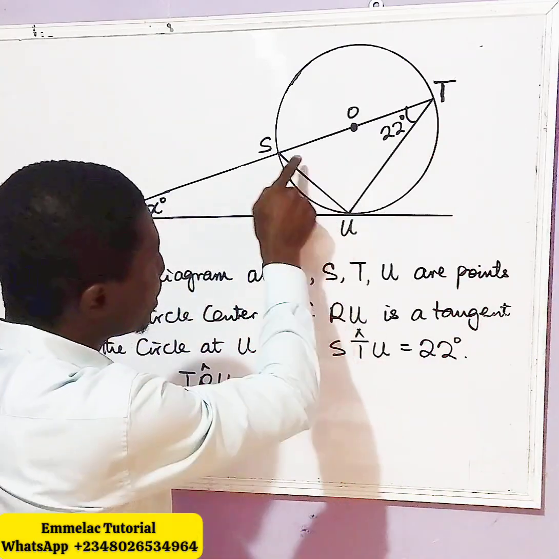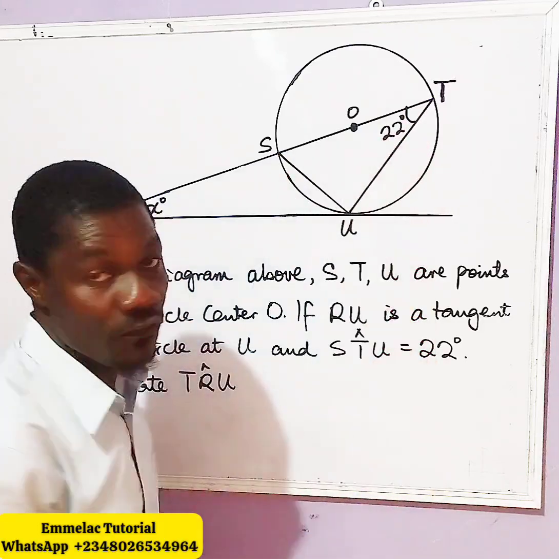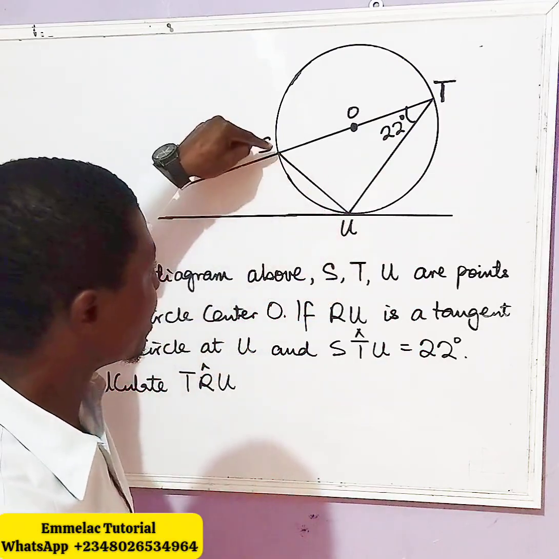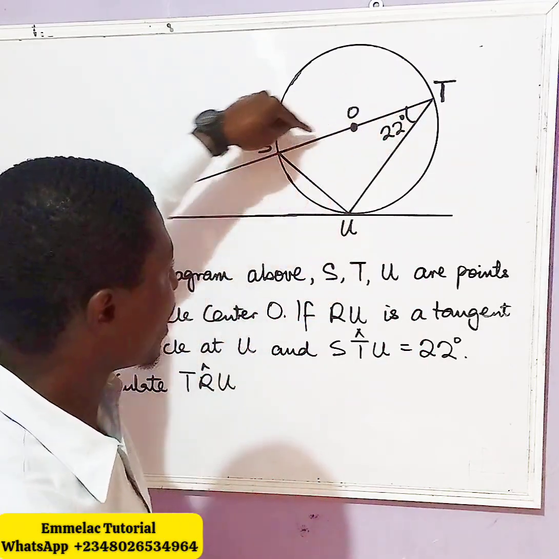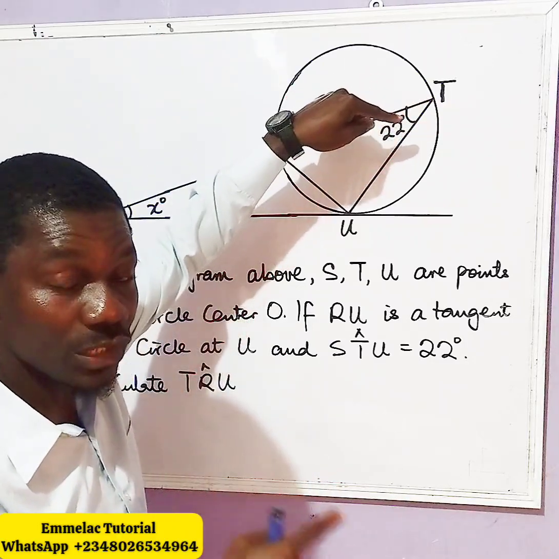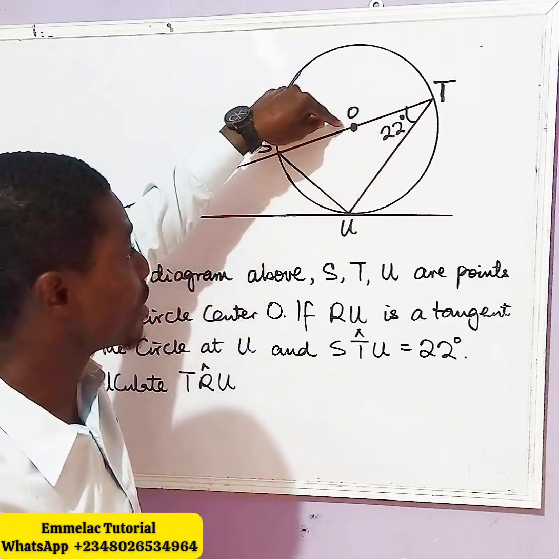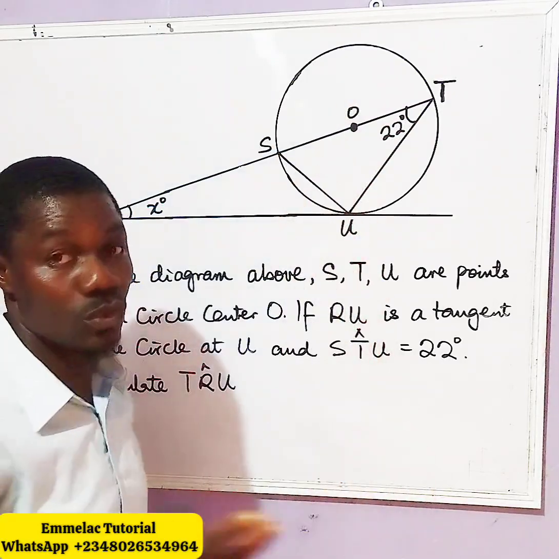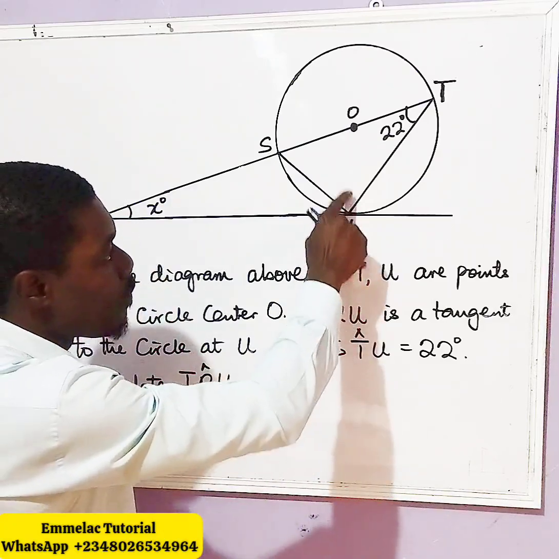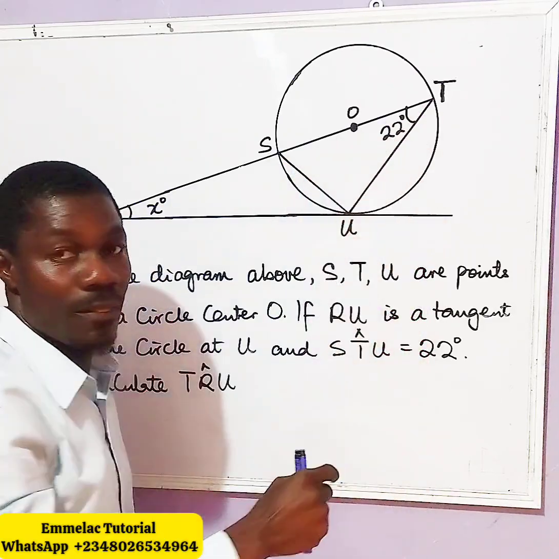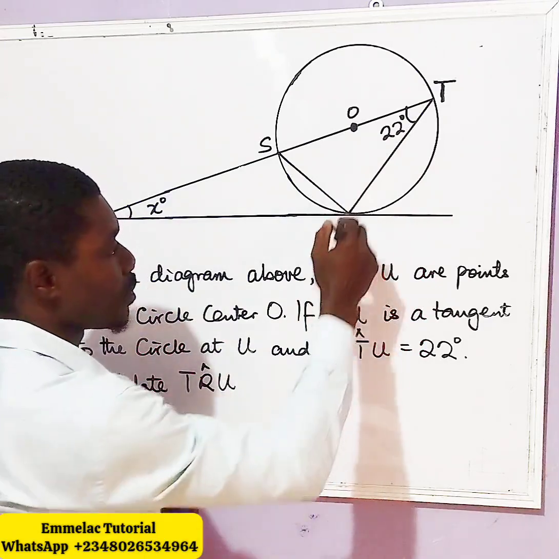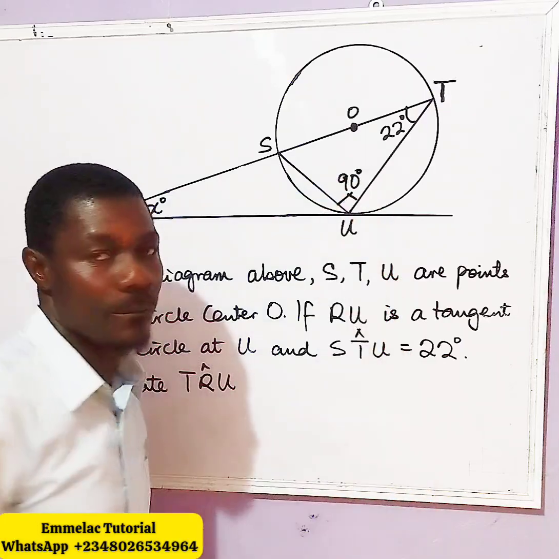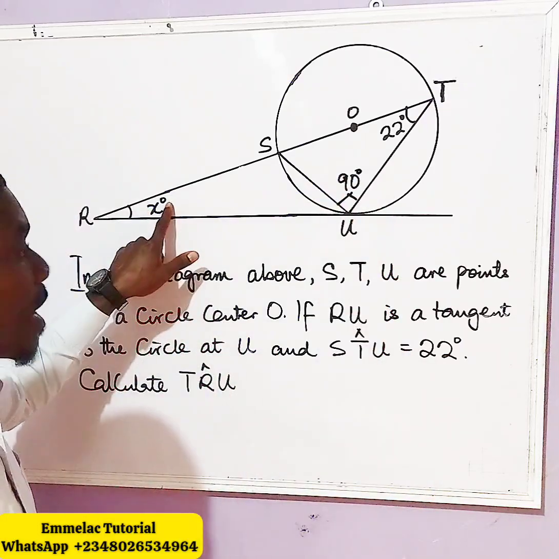This line forms an angle here, and this is a diameter, which passes through the center of the circle, so it divides the circle into two equal parts. So the angle formed by a semicircle here is always 90 degrees. Take note, this is where we are headed to.